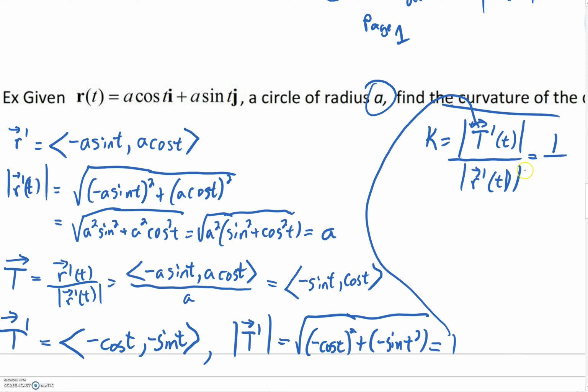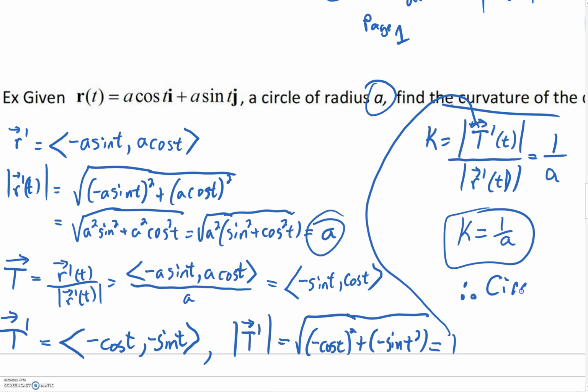It's right up here. R prime of t, well, that was an a. So kappa is 1 over a. What you're going to notice is that for a circle, the radius is always going to be 1 over kappa, or you could say kappa is 1 over the radius.